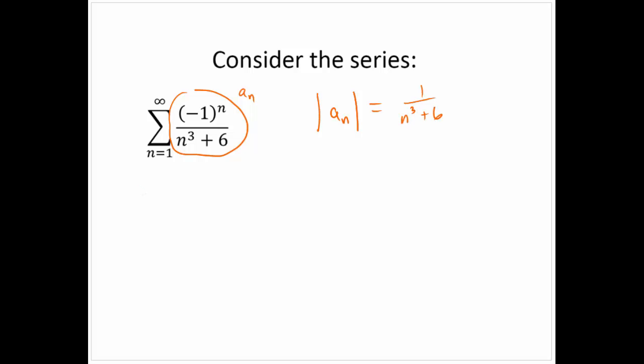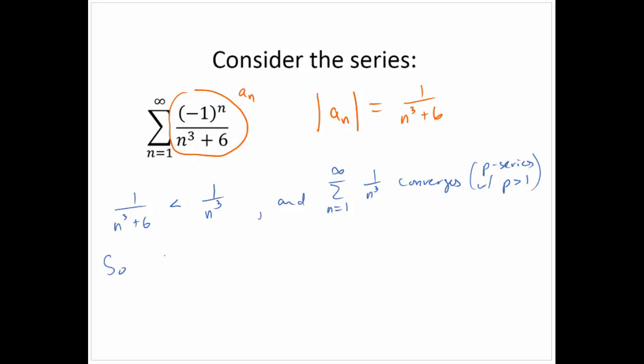Well, 1 over n cubed plus 6 is less than 1 over n cubed, and sigma n equals 1 to infinity of 1 over n cubed converges, p series with p greater than 1.